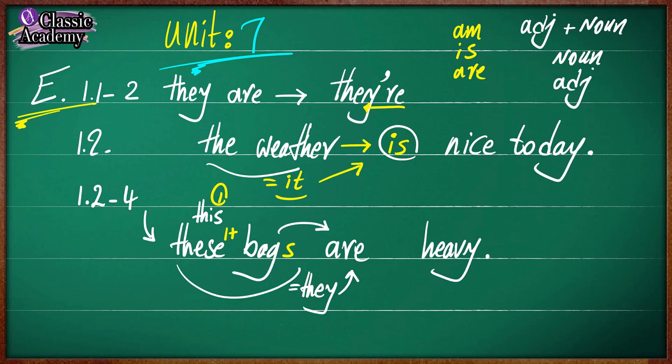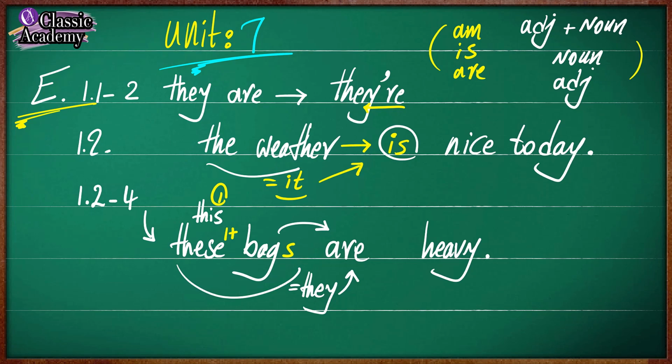This is very special about to be. This is not happening in other verbs. You almost see it very, very rarely in other verbs. Other verbs in the English language do not have such a structure and forms. This is a very special form about to be.